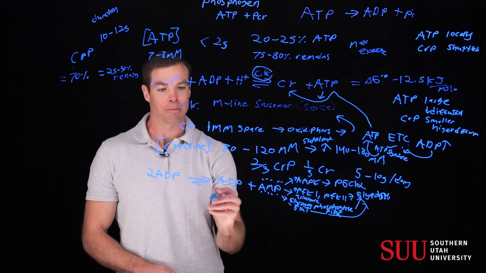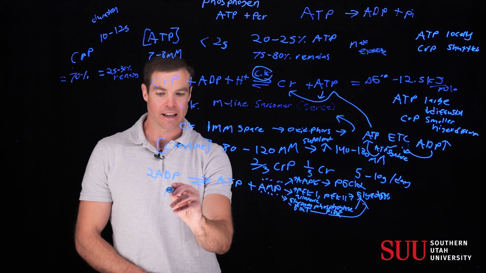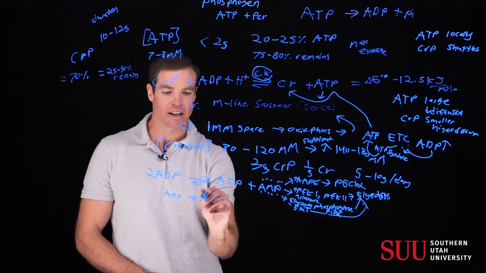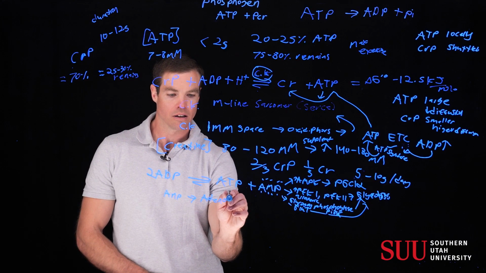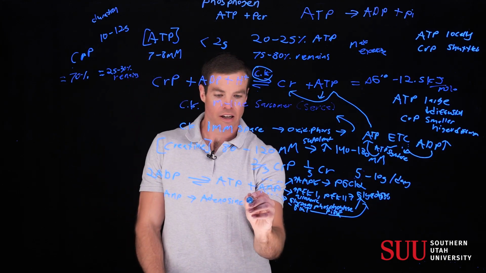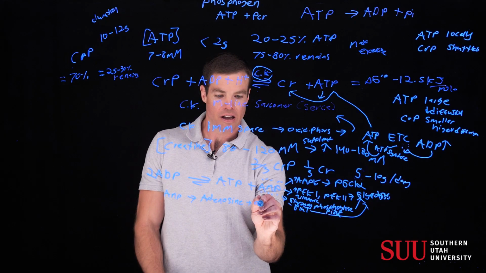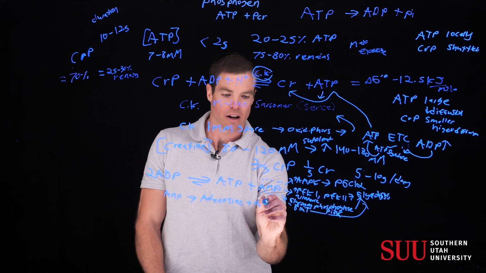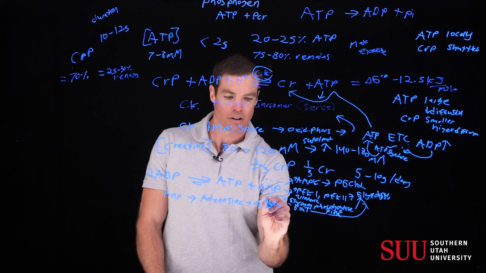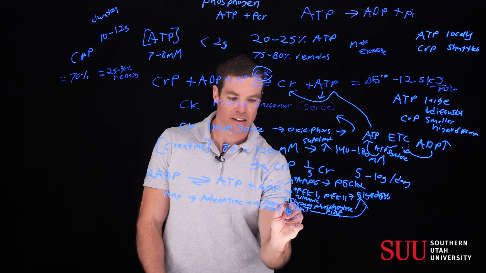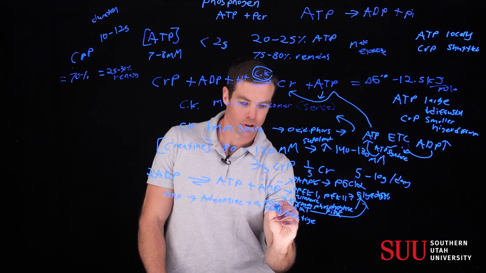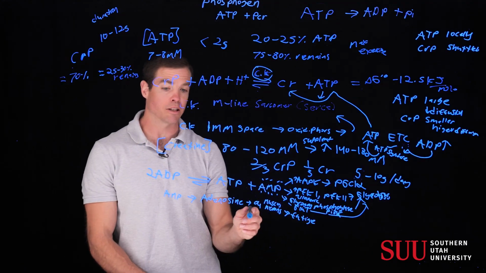But another thing, though, that can happen if we're not careful is with AMP levels. As they get higher, it can increase the levels of adenosine. And this can be problematic because adenosine can bind to these A1 receptors on the muscles and the neurons, and that's going to lead to fatigue.